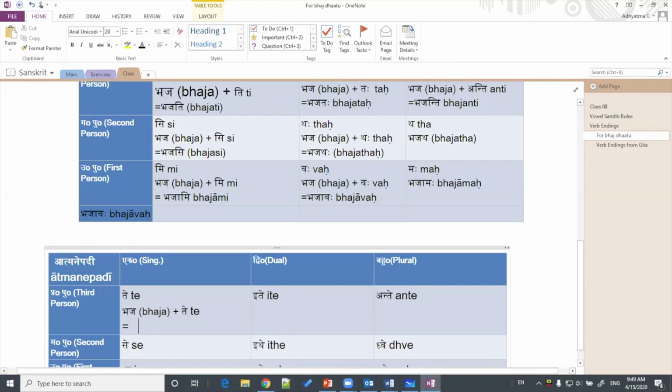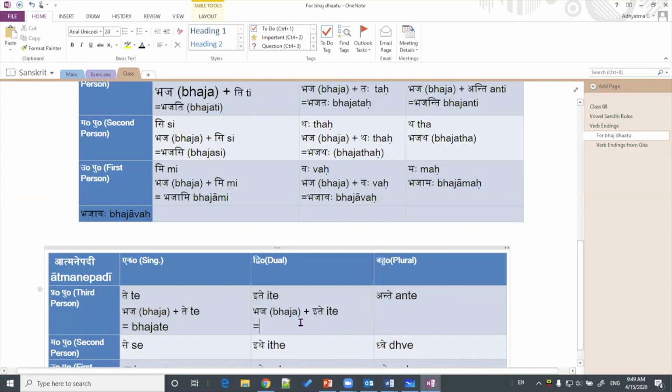te becomes bhajate. Here bhaja plus ite becomes... So now you know these sandhi rules.